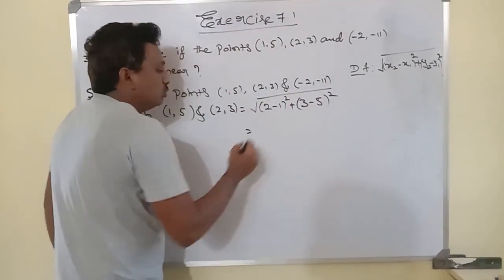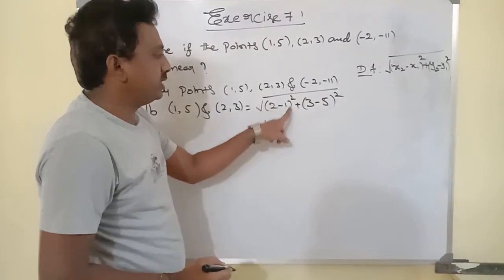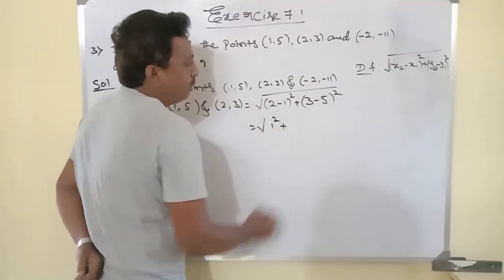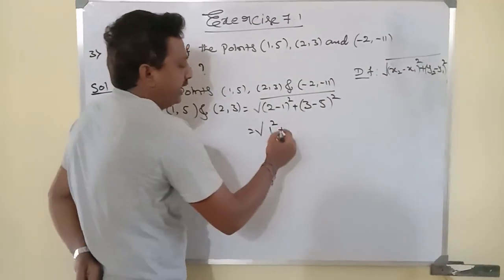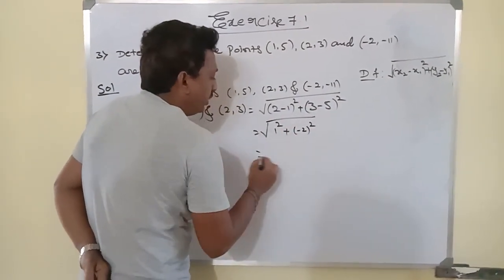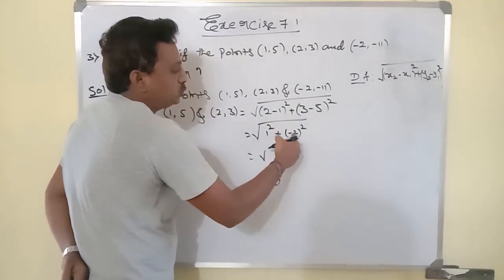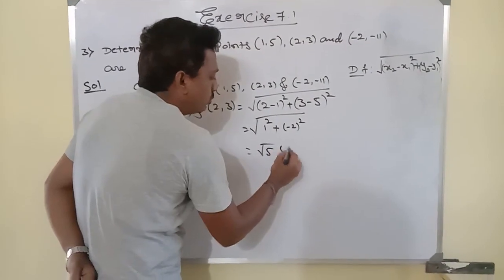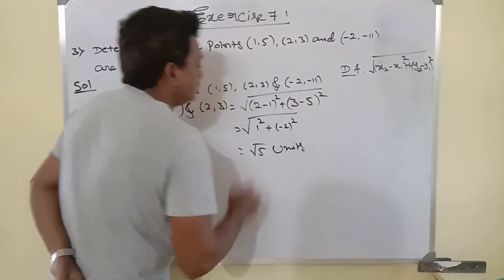What is 2 minus 1? It is 1. So 1 square plus (3 minus 5), that is (minus 2) whole square, is 4. 1 plus 4 is 5. So square root of 5 units.